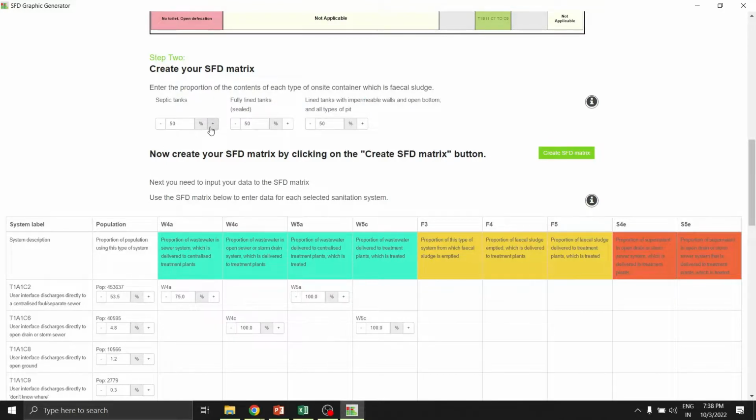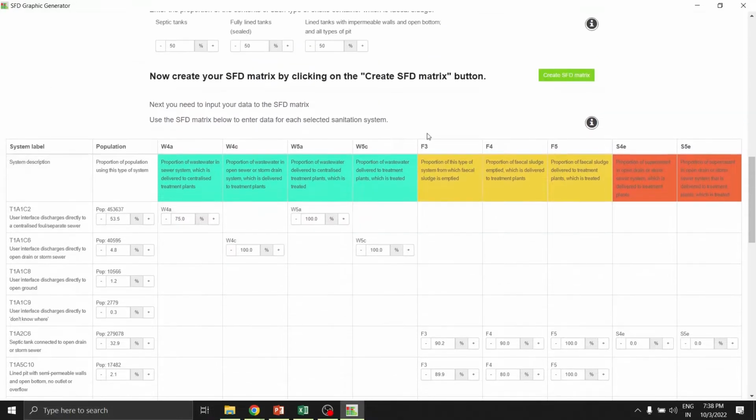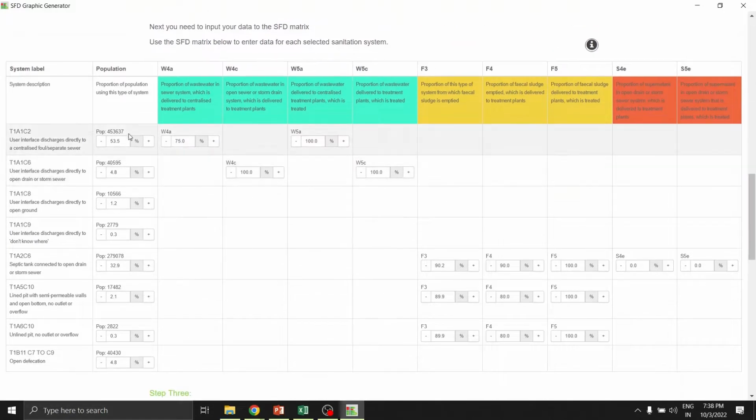So you give how much percentage is the case, right? Then we create the SFD matrix. This data, population 4536337, if I'm not wrong, is from the socio-economic class census, right?